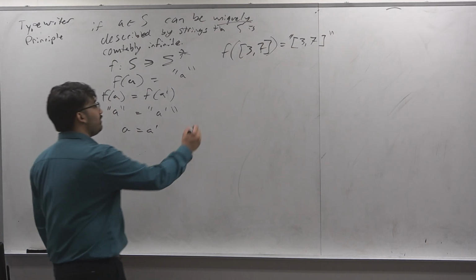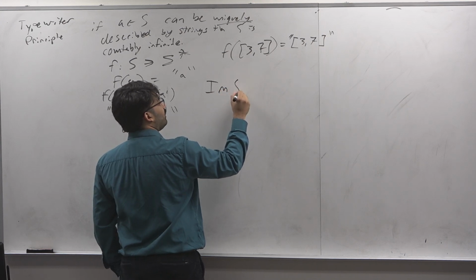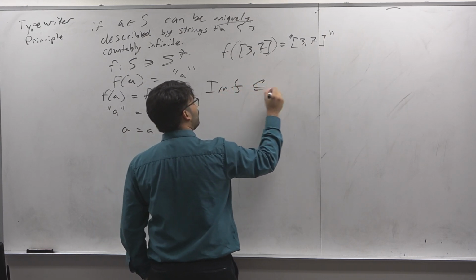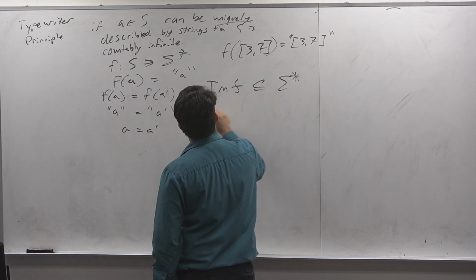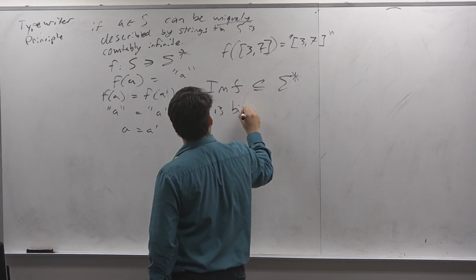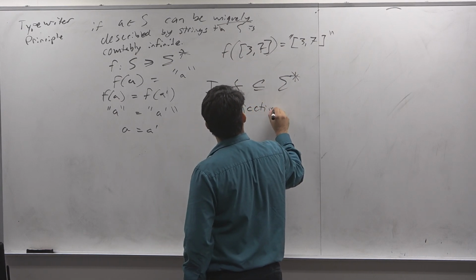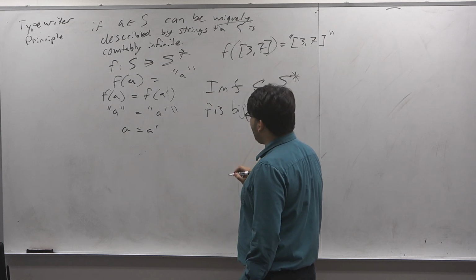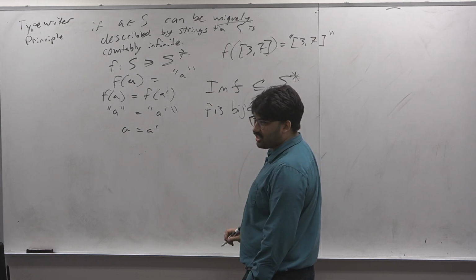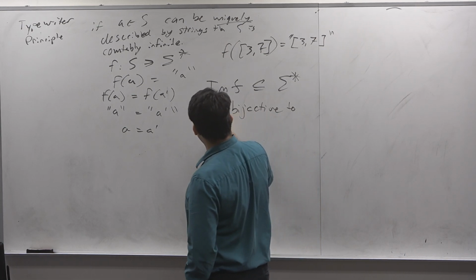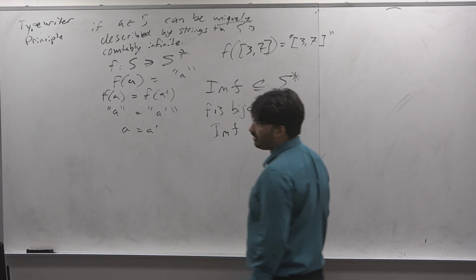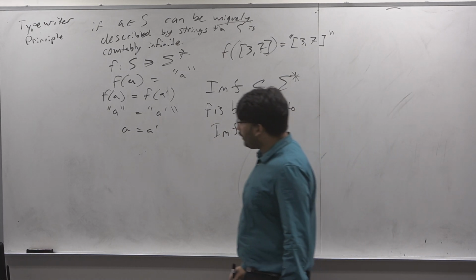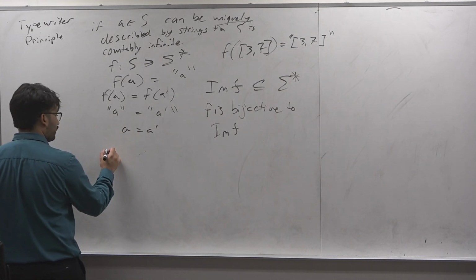So we know that the image of F is a subset of sigma star. And F is injective into sigma star, but then it's bijective to its own image, which is a subset of sigma star. All we need now is to prove that sigma star is countably infinite.